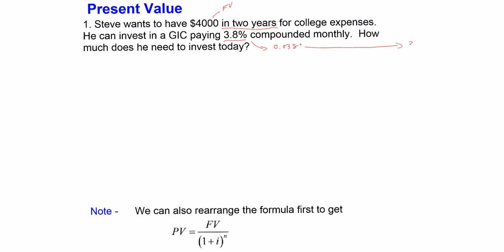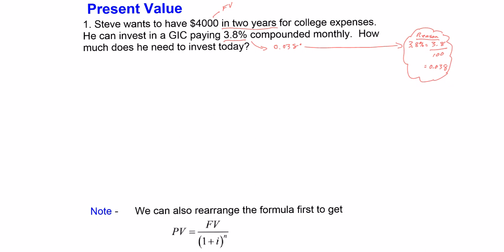You take 3.8%, and you change that to 3.8 out of 100. Punch that in your calculator and you get 0.038. And that is the reason why 3.8% is 0.038. Now, if you can't remember how to do that, just do this calculation on the right side in order to understand that. Now, how much does he need to invest today?